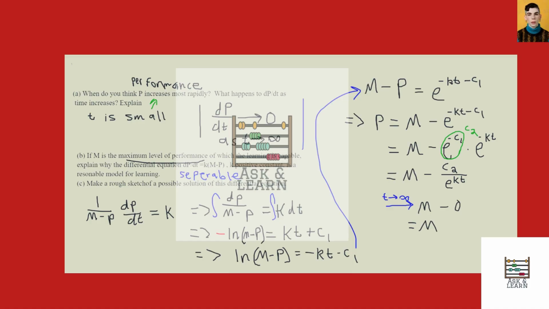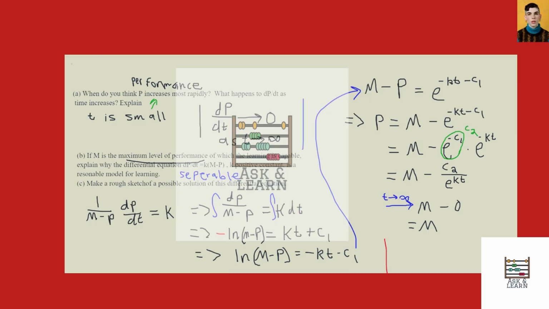So this expression right here never actually outputs anything bigger than M. So it would make sense to say that, well, before I start, I should always be below this M.